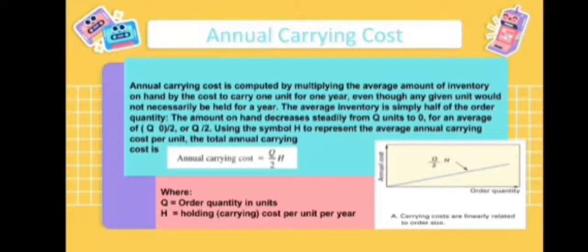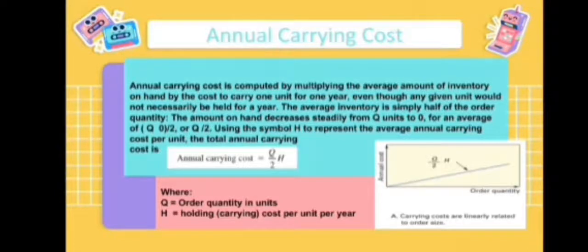Using the symbol H to represent the average annual carrying cost per unit, the total annual carrying cost is equal to Q over 2 times H, where Q is order quantity in units and H is holding, or carrying, cost per unit per year.